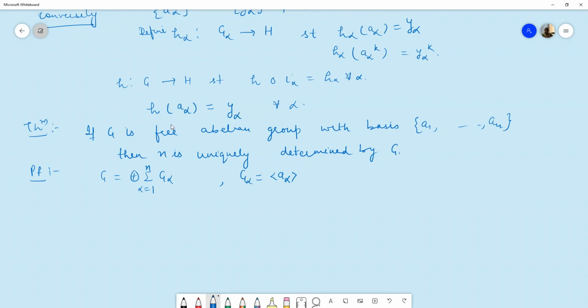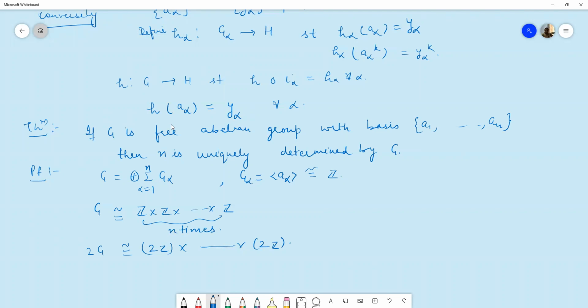So G is basically isomorphic to, now because G alpha is an infinite cyclic group generated by element A alpha, so this is isomorphic to Z. So basically G is isomorphic to the group Z cross Z cross Z, n times. And if we take the subgroup of this G, which is 2G, then 2G corresponds to 2Z cross 2Z cross 2Z, again n times.